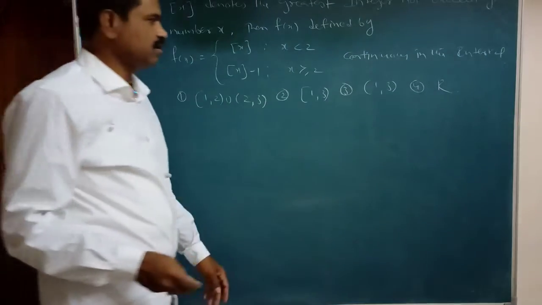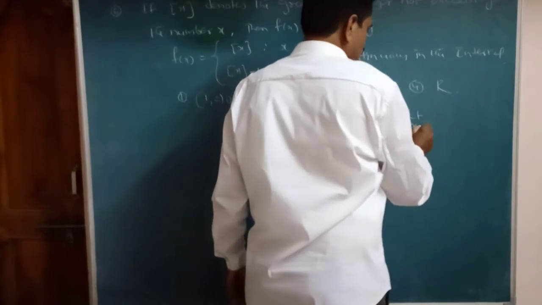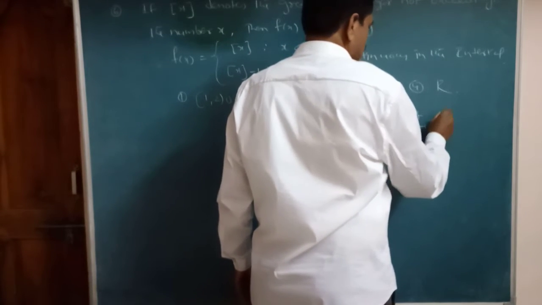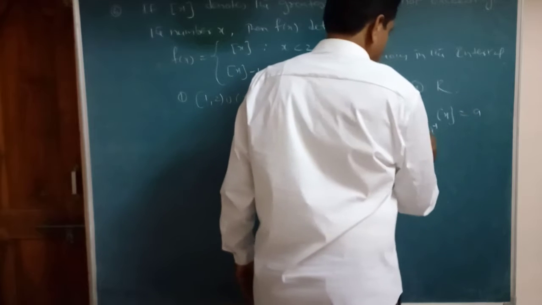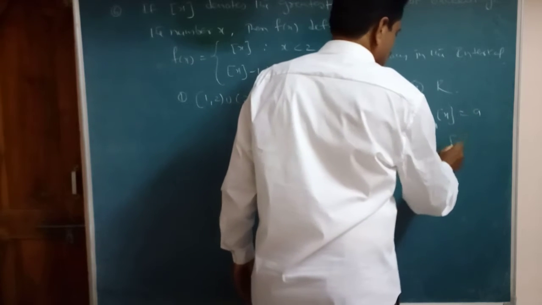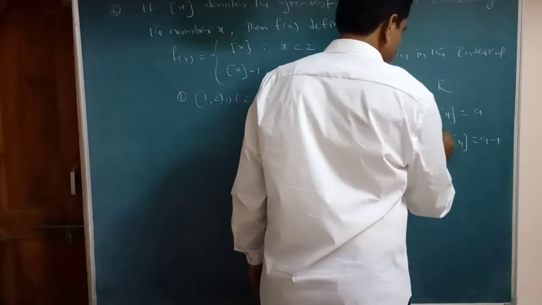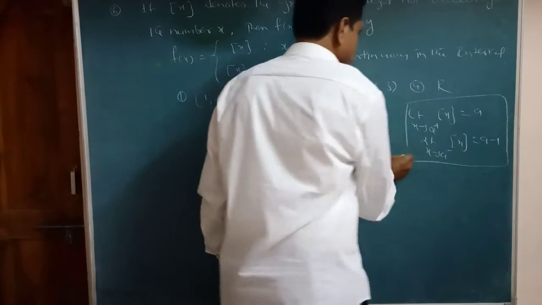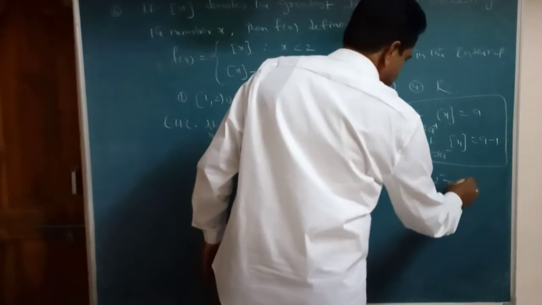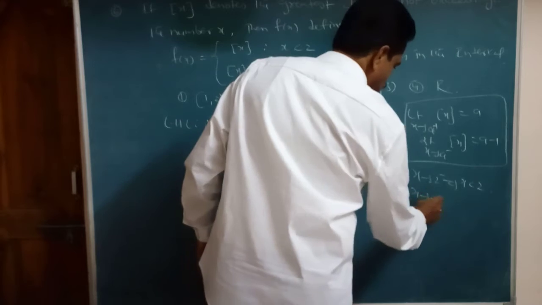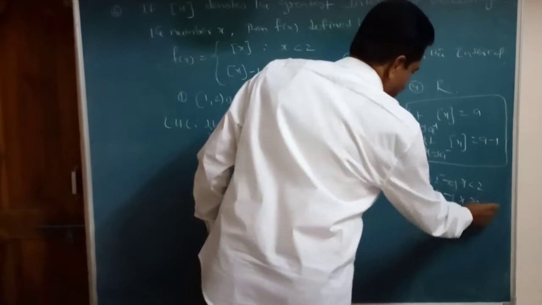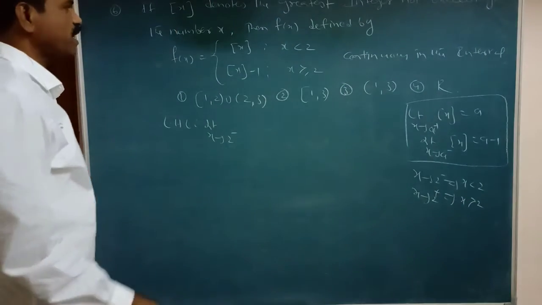We know that limit x tends to a minus of step x is a minus 1, and limit x tends to a plus of step x is a. See here, LHL: limit x tends to 2 minus means x less than 2, and x tends to 2 plus means x greater than 2.